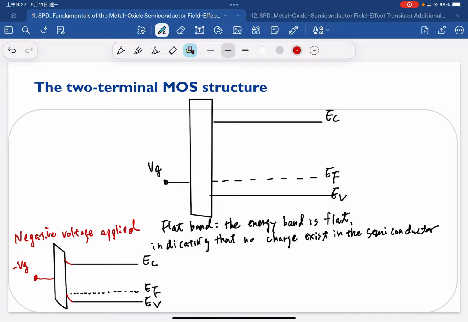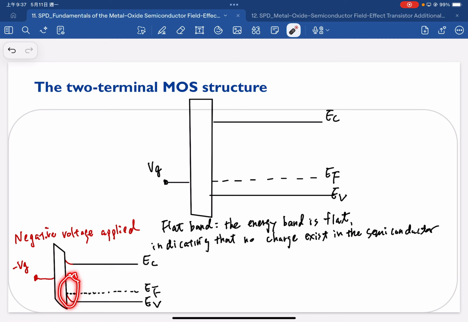And if you look closely, you will find this is a region where our Fermi energy is getting close to our valence band.